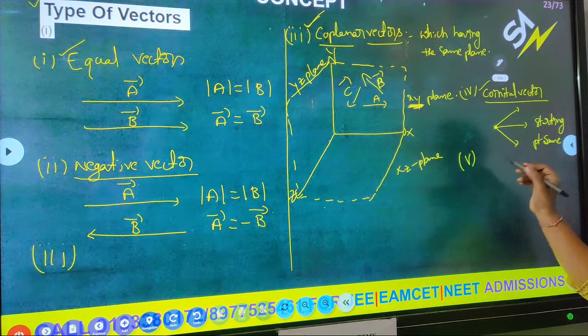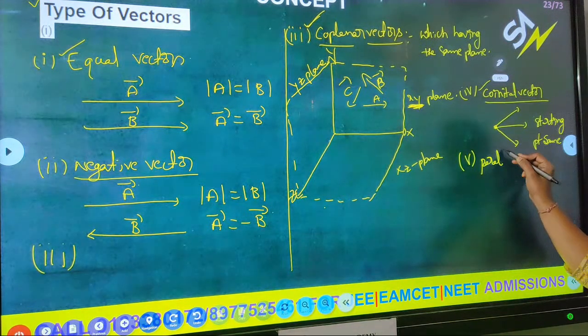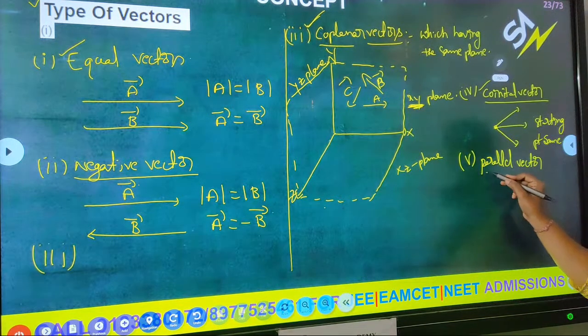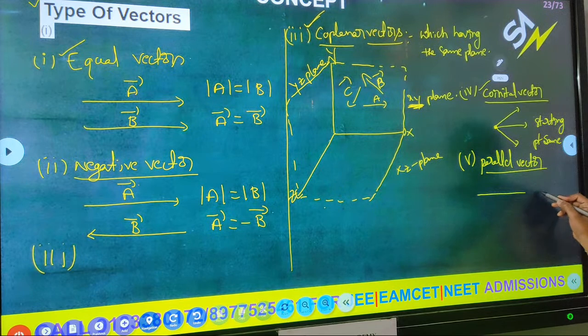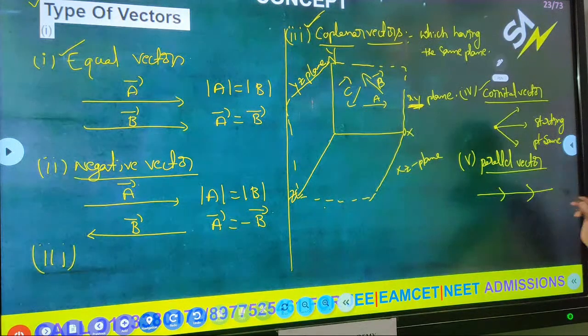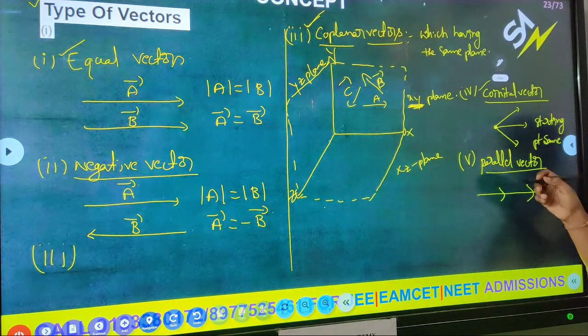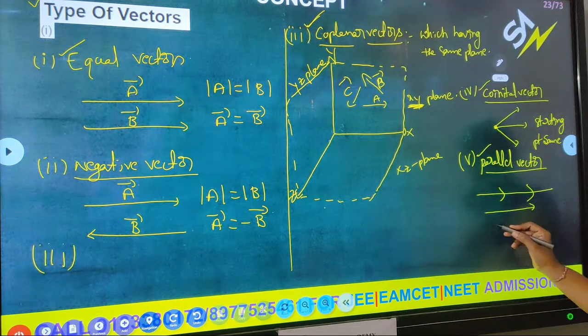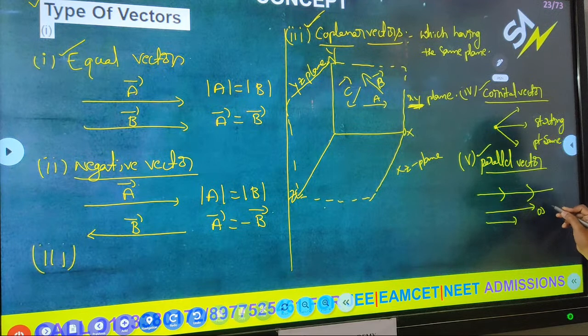And next type of vector is parallel vector. If any two vectors are in the same direction, they are called parallel vectors. Means they can have equal magnitude or different magnitudes, but they must travel in the same direction.